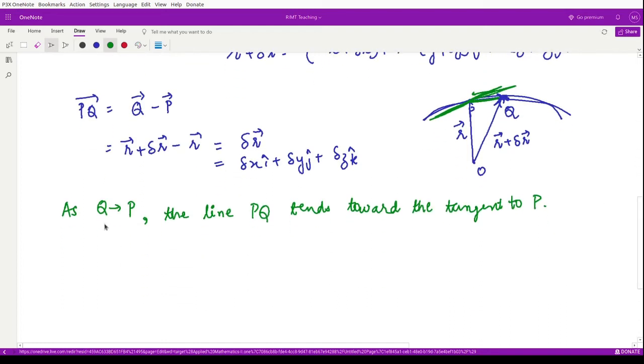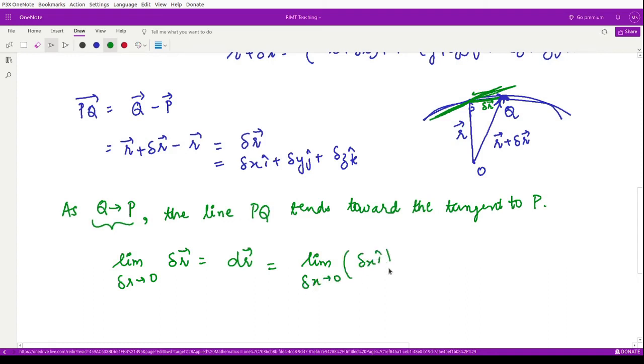So that means whenever Q is tending to P, we are taking this limit. What is this? This is delta R. So we are taking this delta R going to 0, right? So whenever your delta R goes to 0, this quantity will become dr. And this is going to be equal to limit delta x going to 0 of delta x i cap plus limit delta y going to 0 of delta y j cap plus limit delta z going to 0 of delta z k cap.